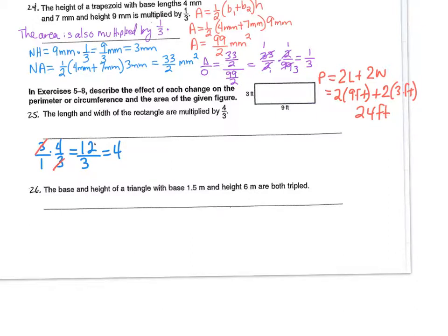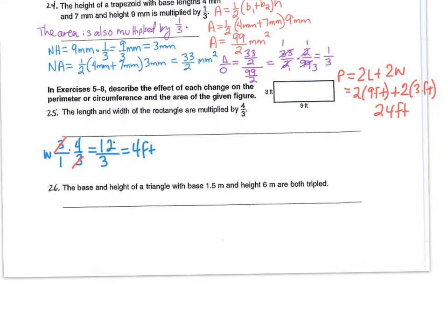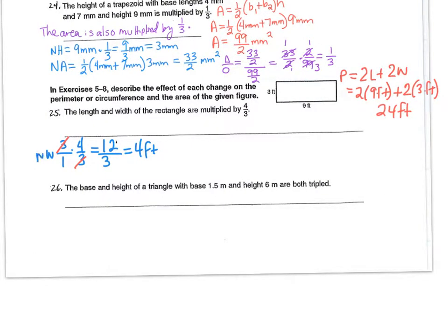So it's 4 feet. So that is the new width. Now my new length is going to be 9 times 4/3. 9 times 4 is 36, divided by 3, and that is 12. So this is 12 feet.